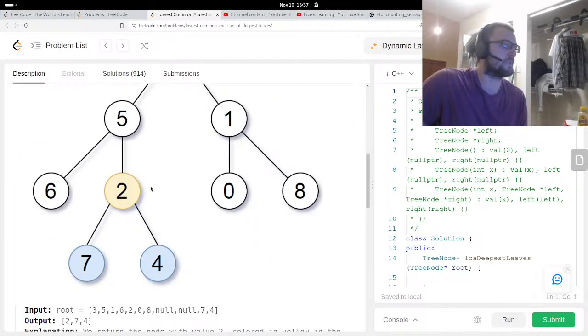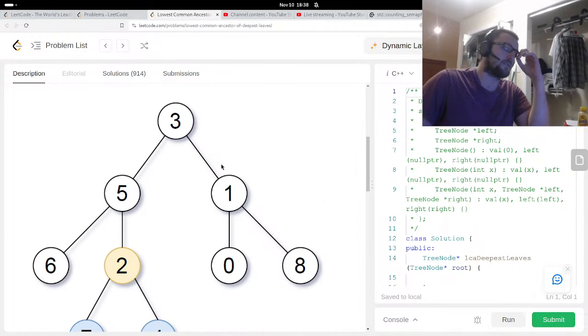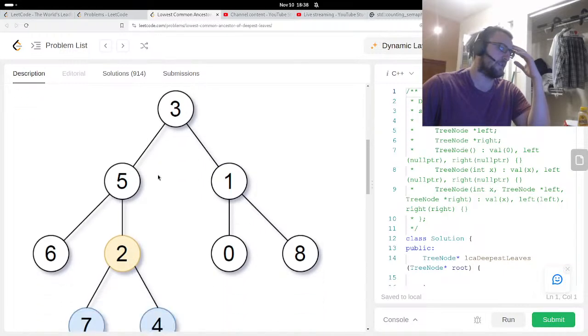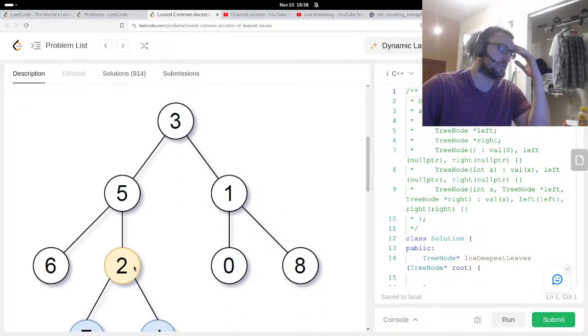Yeah, so basically, I think what I want is I can calculate the depth of each node using a DFS, and then I can also calculate the greatest depth of any of the children of the node, the greatest depth of all the ancestors of that node. And the lowest common ancestor is going to be of all the nodes with the deepest depth, the max depth.